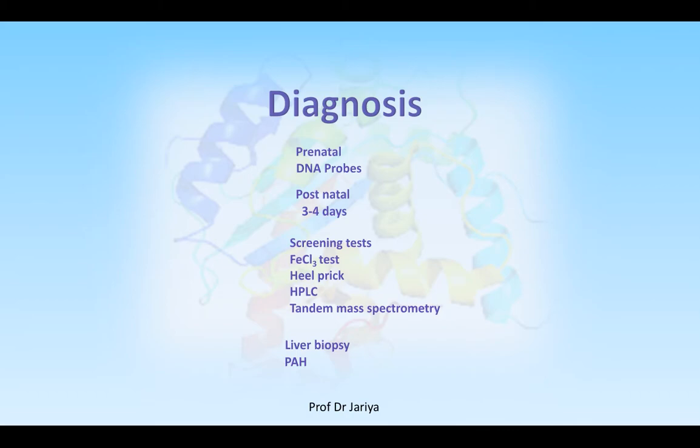If blood phenylalanine level is high, greater than 2 to 4, it will counteract the effect of the inhibitor of the bacterial growth and positive results will be obtained, and these results can be verified by HPLC. Apart from that, liver biopsy can be used to determine the level of PAH activity.